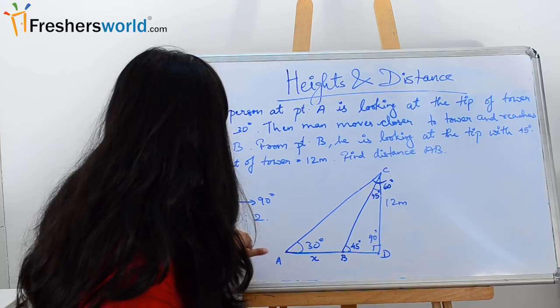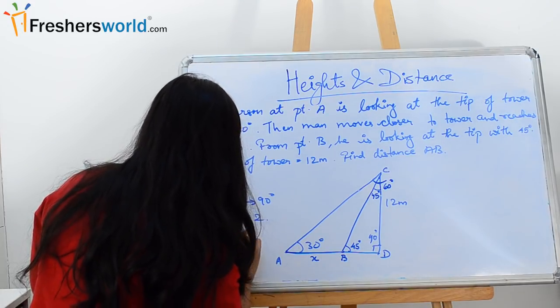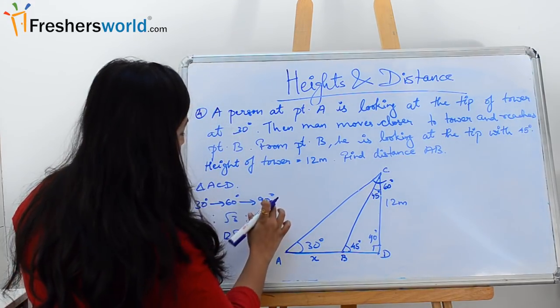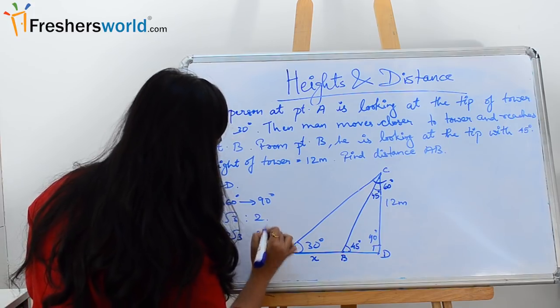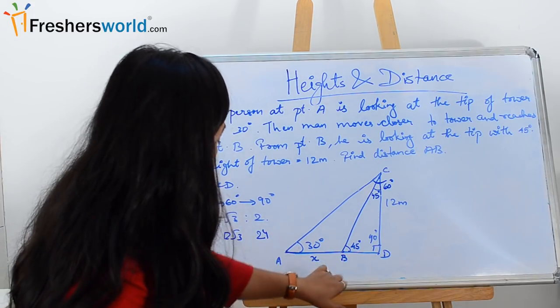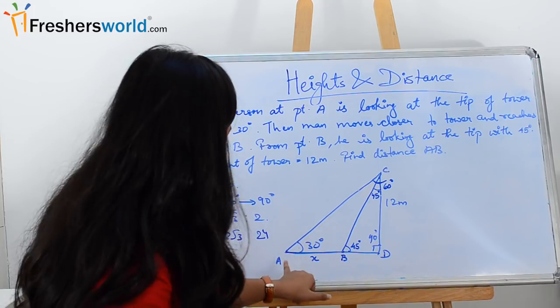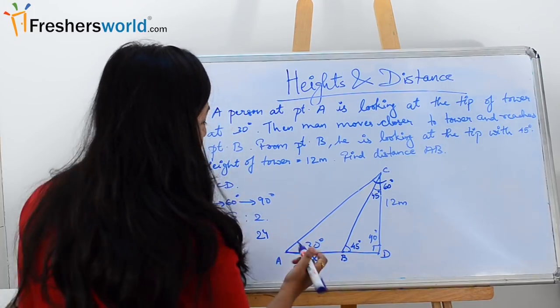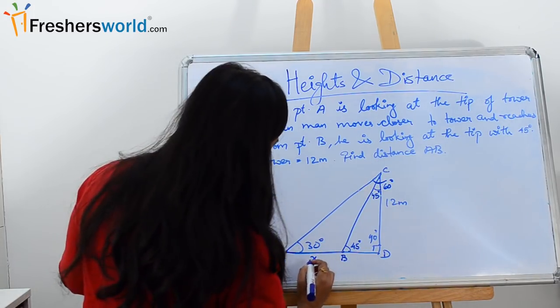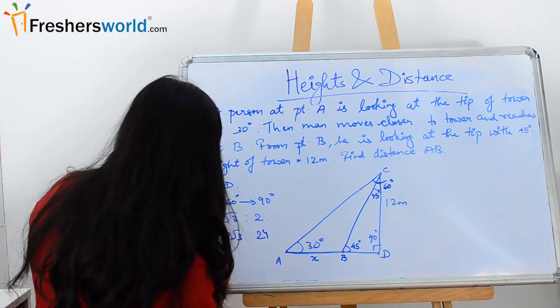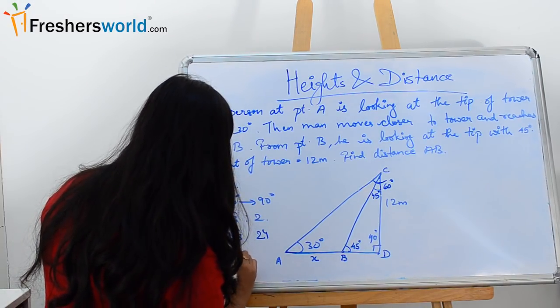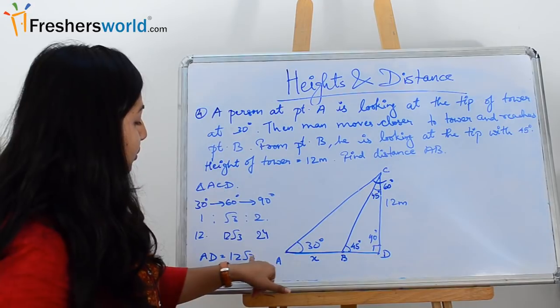Then 60 will be 12√3 and 90 will be 24. So from this we got this side AD. AD is the side opposite to 60 degree. So from this equation we got AD equals to 12√3.